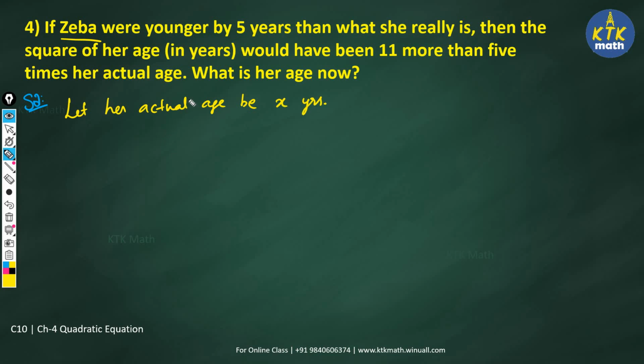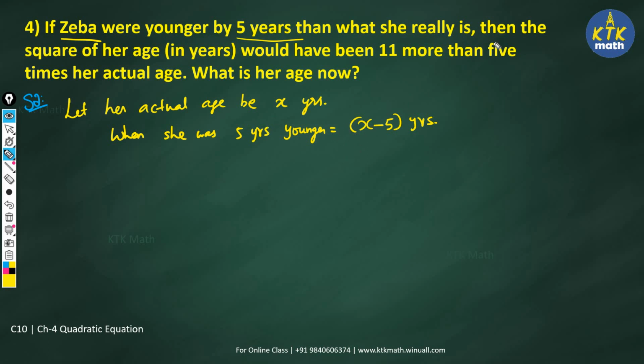So how much younger does she feel there? 5 years younger. So when she was 5 years younger, I need to reduce her age: x minus 5 years. Try to understand. For after, we need to add; for ago, before, or younger, you need to reduce the age.